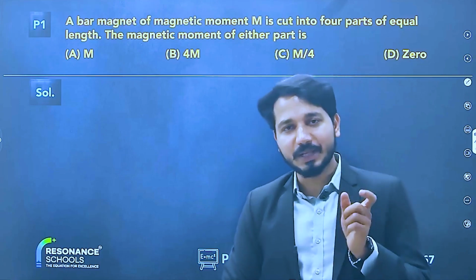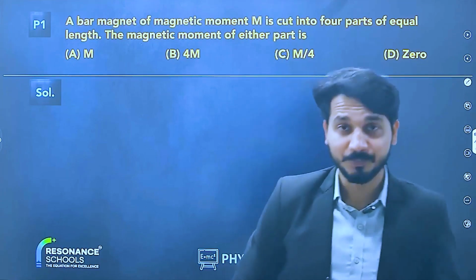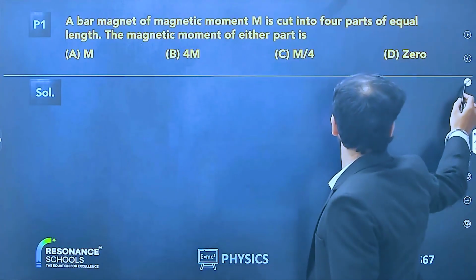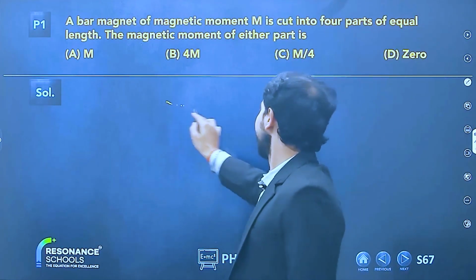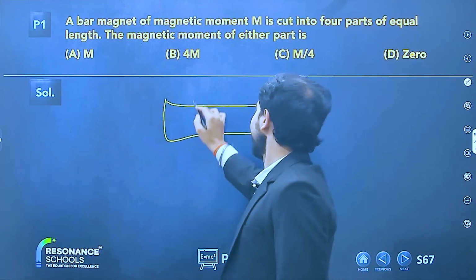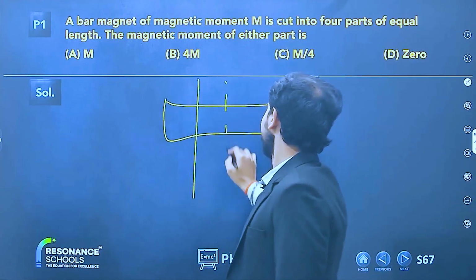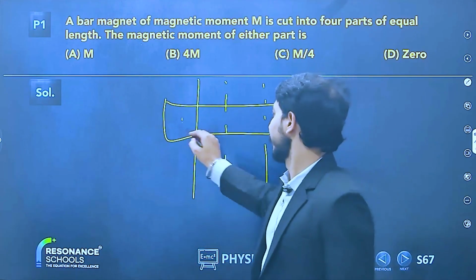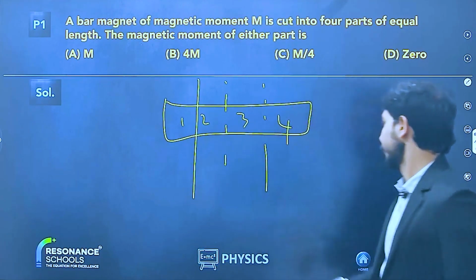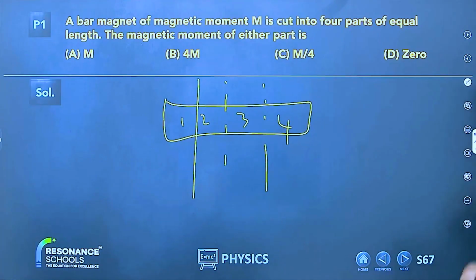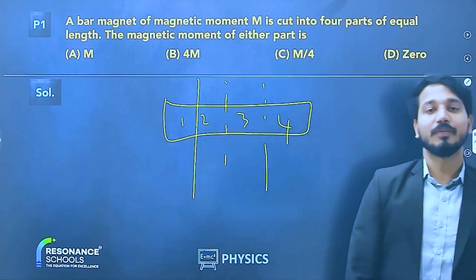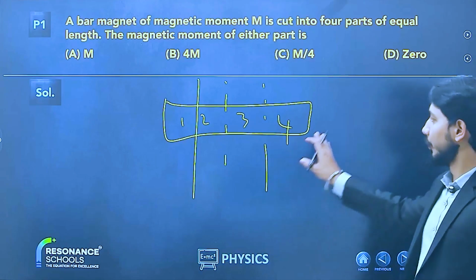It is asking: a bar magnet of magnetic moment capital M is cut into 4 pieces. Take a bar magnet, cut into 4 pieces, 1, 2, 3 and 4, of equal length. What will be the magnetic moment of each part?